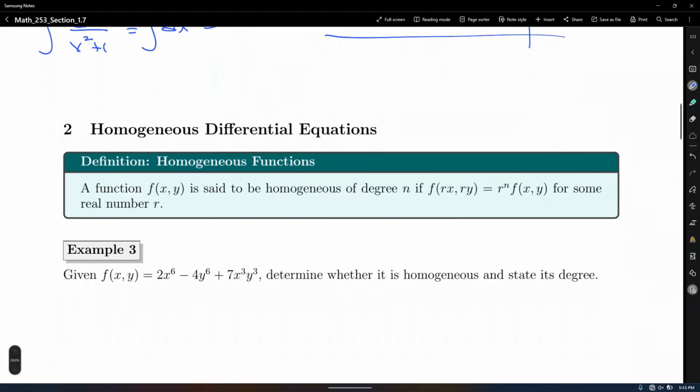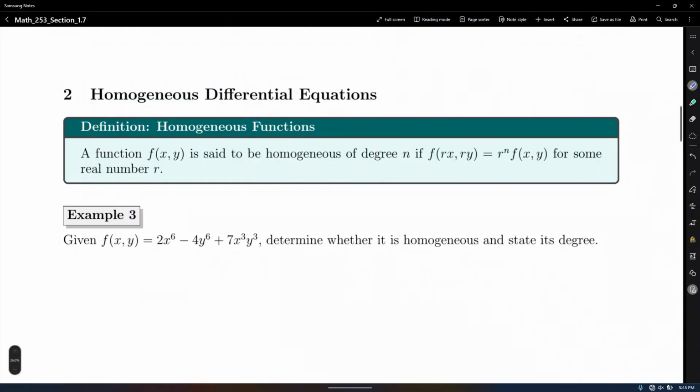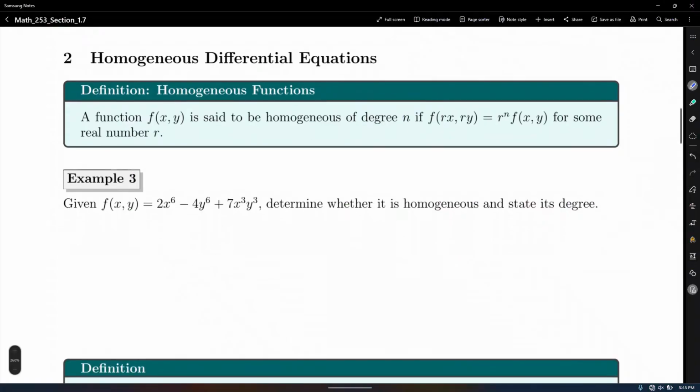How do we know if a function is homogeneous? Well, let's have a look at this two-variable function: f of x, y equals 2x to the 6th minus 4y to the 6th plus 7x cubed y cubed. We will replace every instance of x with rx and every instance of y with ry.